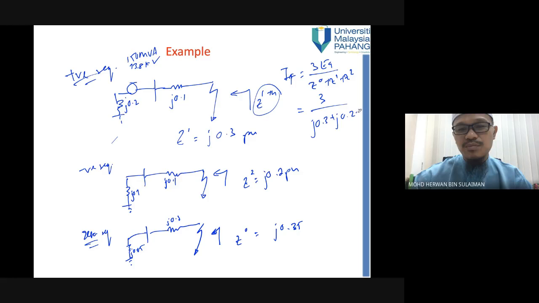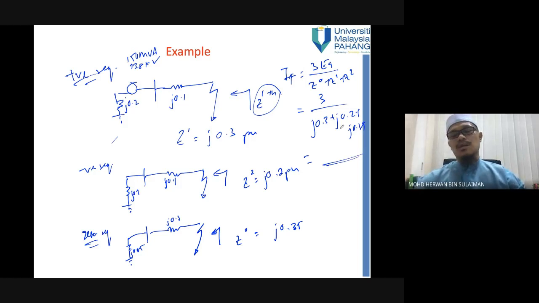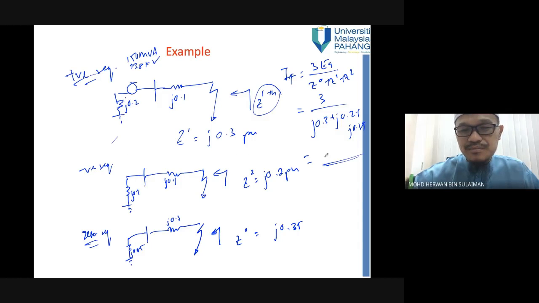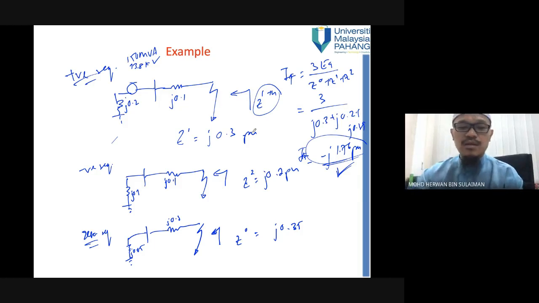Calculate, what do you get? You get minus J 1.76 per unit. So in my class, my practice, if you calculate until here, I give you full marks, except if the question asks you to calculate in ampere. If you just calculate the fault current, calculating until per unit is okay. So for me, you can stop here.